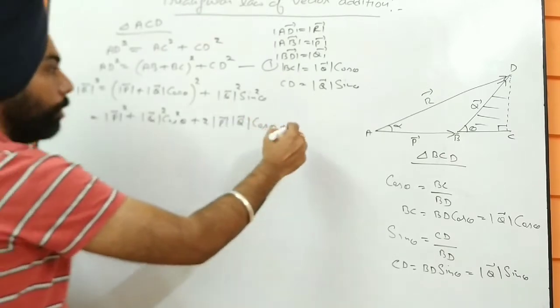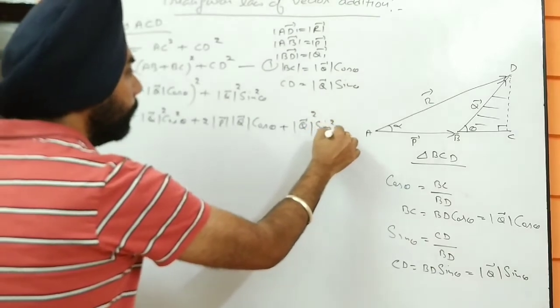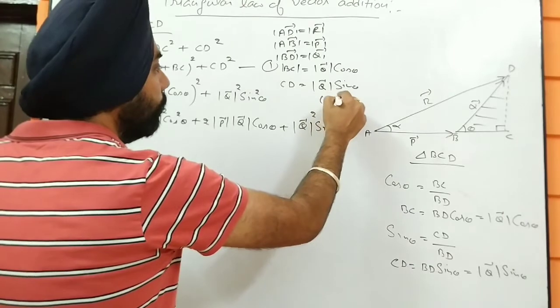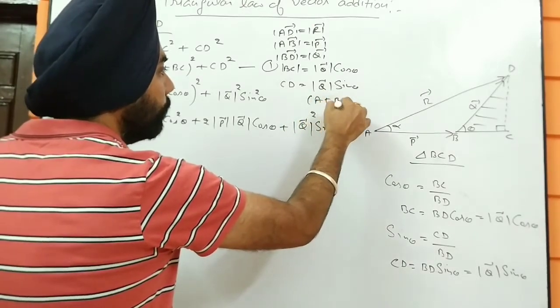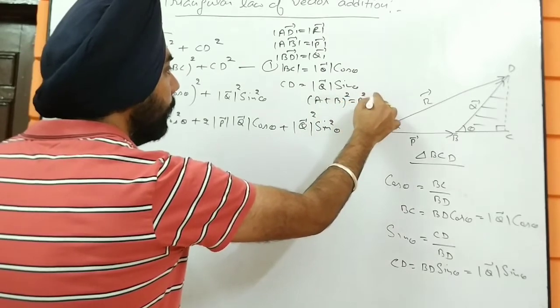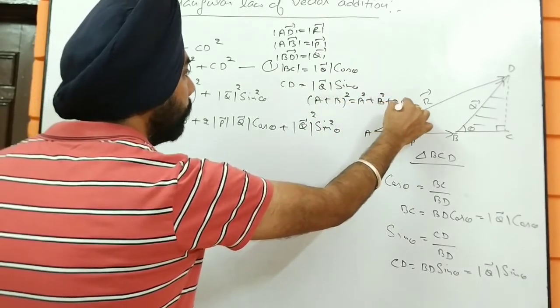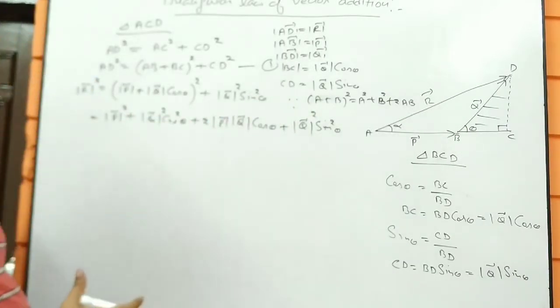Now this value is also written here, that is Q square sin square theta. Hope you know that whole square value. I am just using the simplest of mathematics law, that is A plus B whole square, A square plus B square plus 2AB. I'm just using that formula here for that whole square.